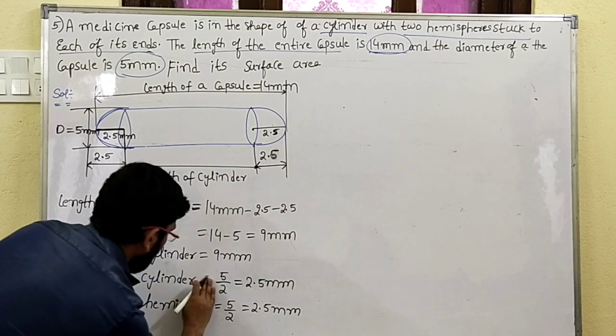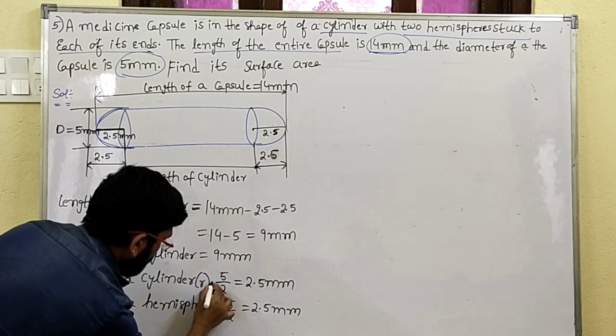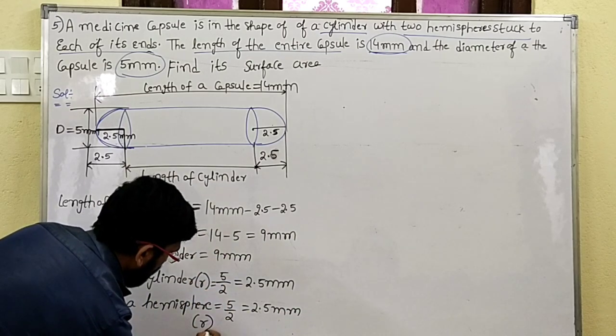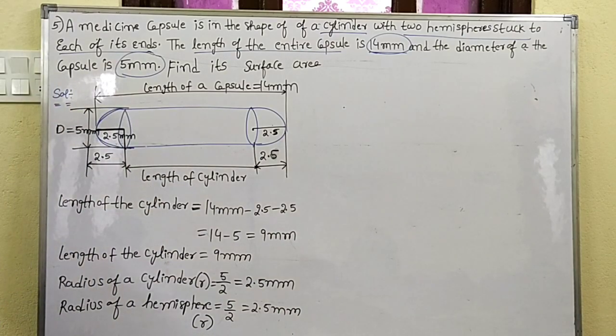The radius is written with r. r is equal to 2.5.